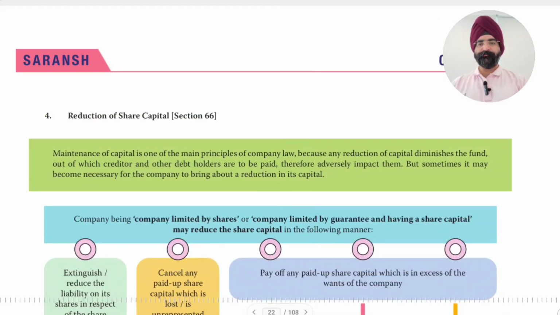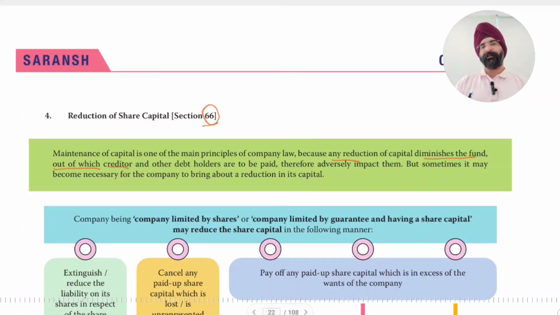Moving further, reduction of share capital. Our next topic is reduction of share capital, Section 66. Maintenance of capital is one of the main principles of company law because any reduction of capital diminishes the funds out of which creditors and other debt holders are to be paid.